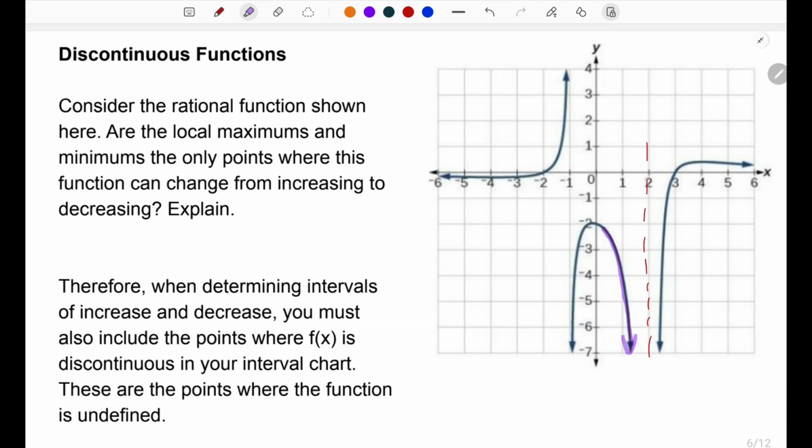But then, remember, since we're reading graphs from left to right, if you go past that asymptote, going from left to right, we're going upwards. So actually what's happening here is we're going from decreasing on the left to increasing on the right. There was no minimum or maximum there. So this just happened at an asymptote.